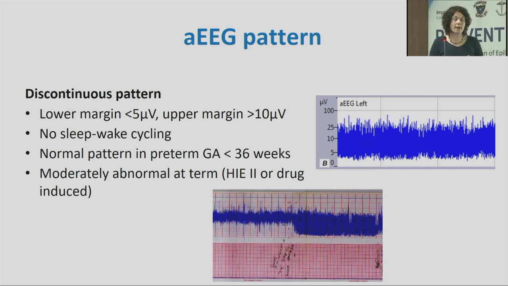So it's not a very abnormal pattern, but it's moderately abnormal, which you can see in HIE grade 2 or something, sometimes due to if you give a baby high dose midazolam or morphine. So if you look at this here, this is a term baby, no sleep-wake cycling, and then here something happened. It goes from a continuous pattern to a discontinuous pattern. And this is because the baby was given high dose midazolam.